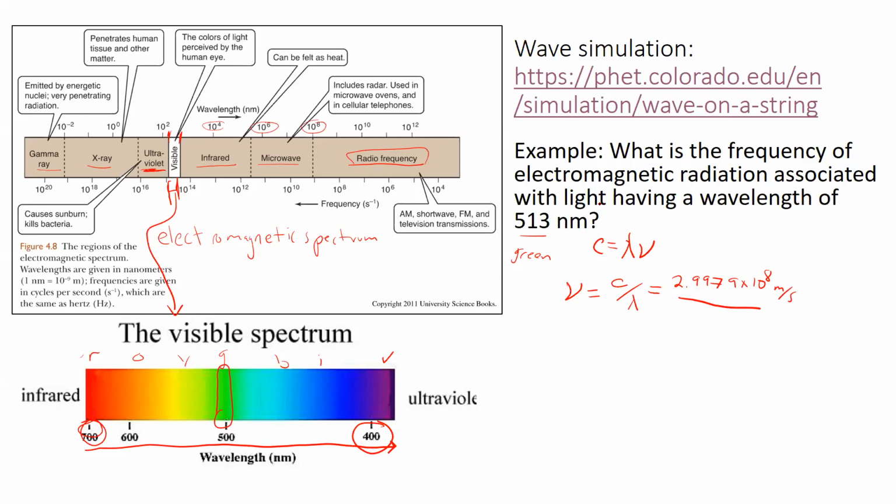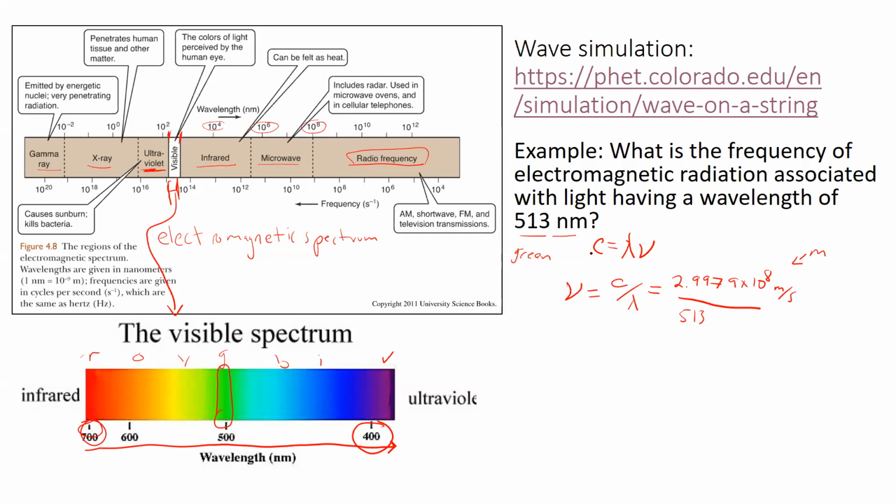And so that will be divided by 513. This is in nanometers, so we need to make sure that we're writing down what nanometers means. Notice the units in the numerator are in meters, so we need to make sure that our denominator is also measured in meters, not the nanometers we're given here.